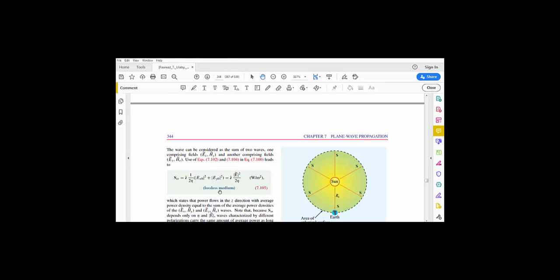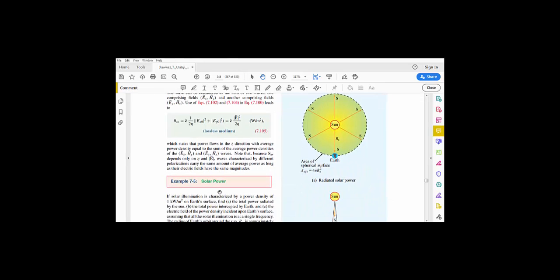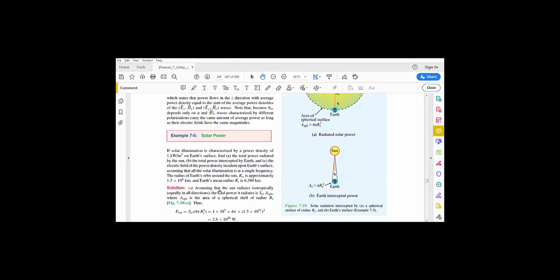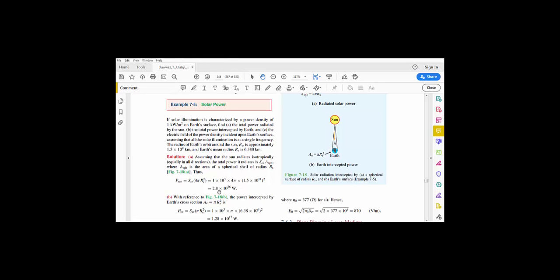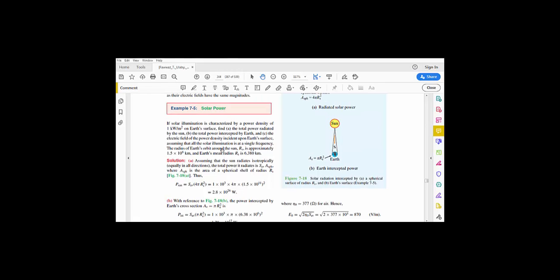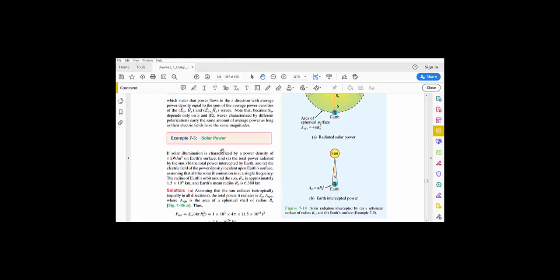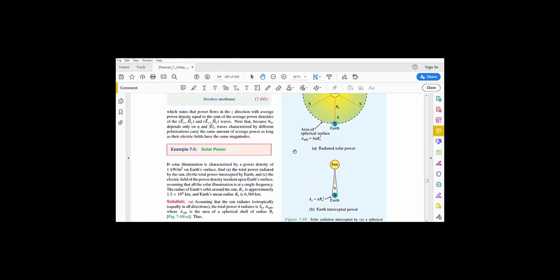Okay, let's explain an example of the power density in a lossless medium, or vacuum, or free space. We will deal with the solar illumination from the sun.